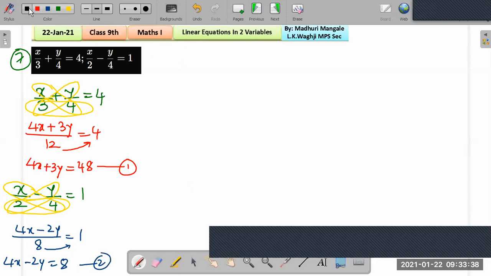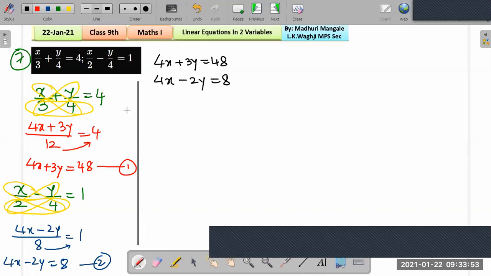Let me write out those equations one below the other. So the equations are 4x plus 3y equals 48 and 4x minus 2y equals 8. Now what is the next step? Compare the coefficients of x and y.